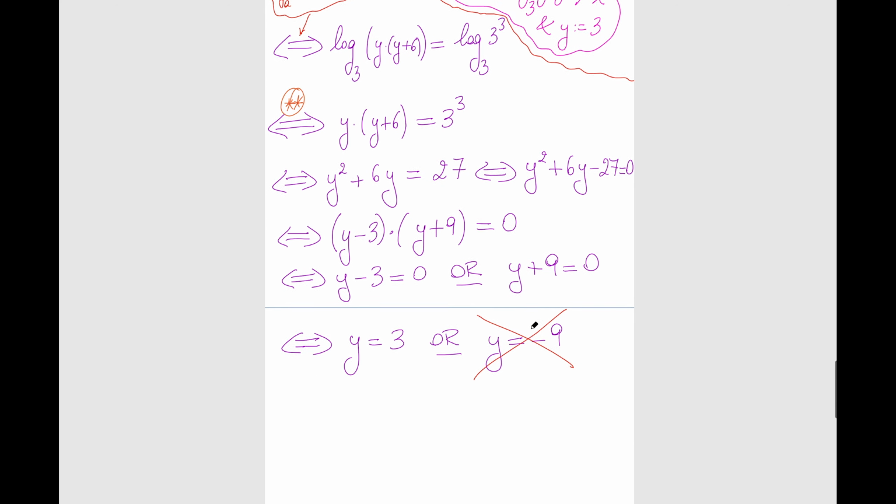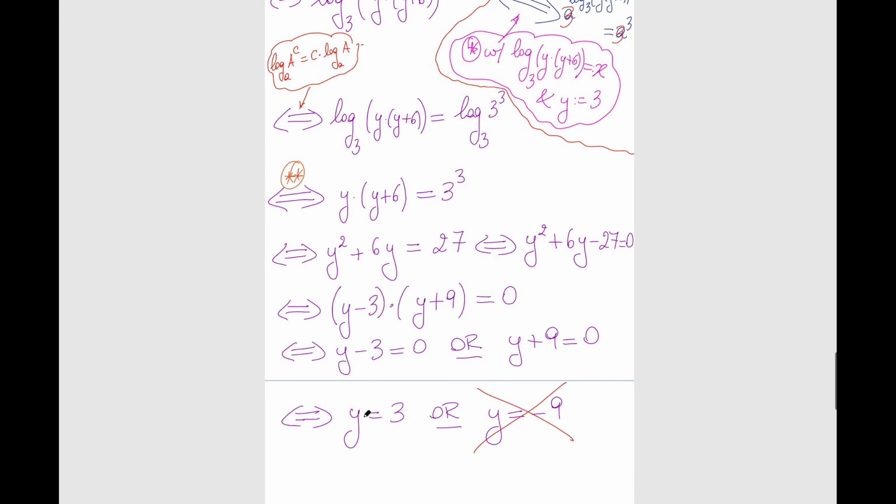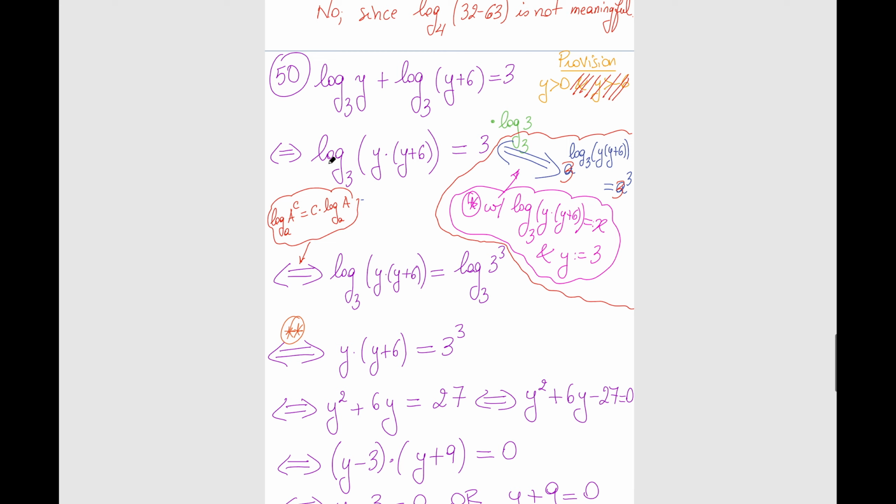So y equals -9 produces a non-meaningful entity here, so certainly I should throw it away. When you replace y by 3 here and by 3 here, both of these are going to make sense. You don't even need to check if they sum up to 3, because it's guaranteed via this analysis here. It's guaranteed to be a tautology once they make sense.